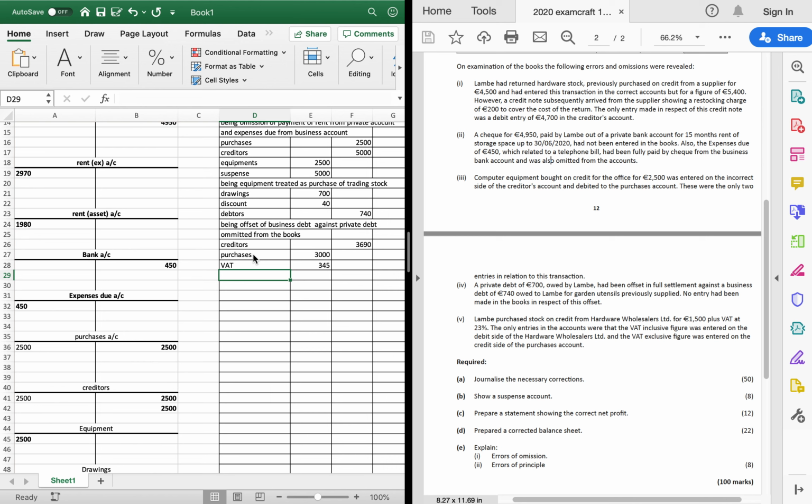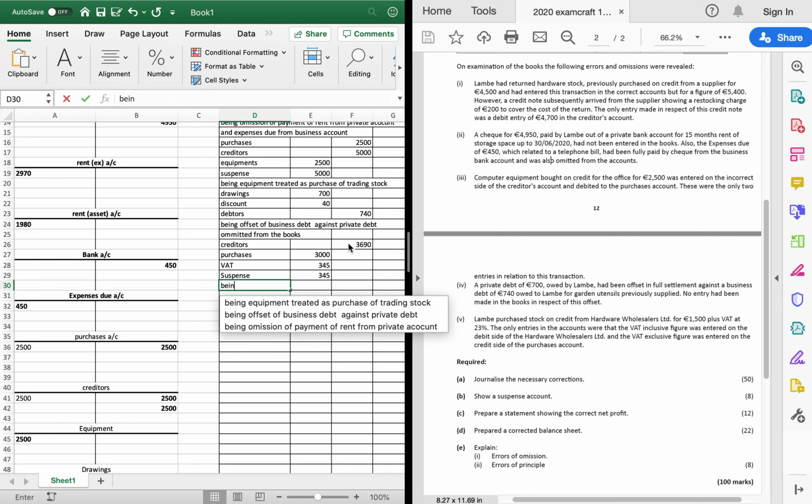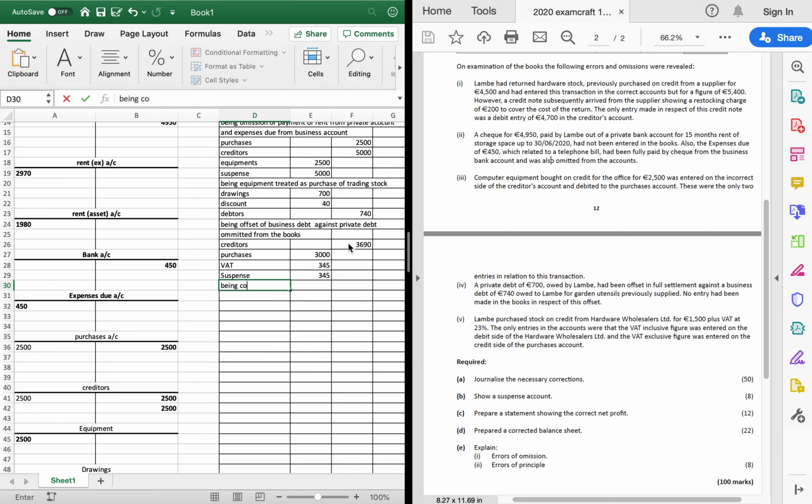So obviously that doesn't balance: 345 against 3,690, so there's a suspense of 345. Okay, so being correction of error with purchases and VAT or something. I don't really know what to say for that, so I'll keep that nice and short.